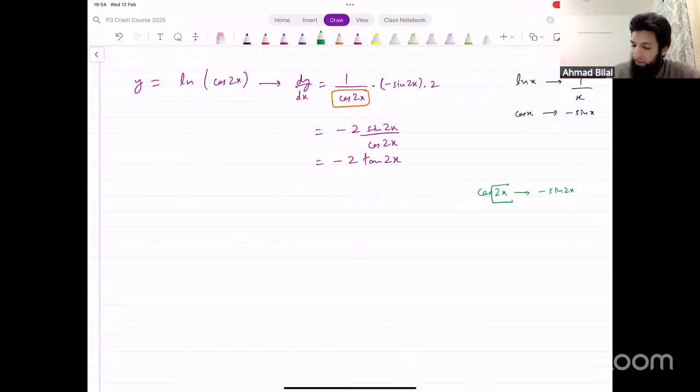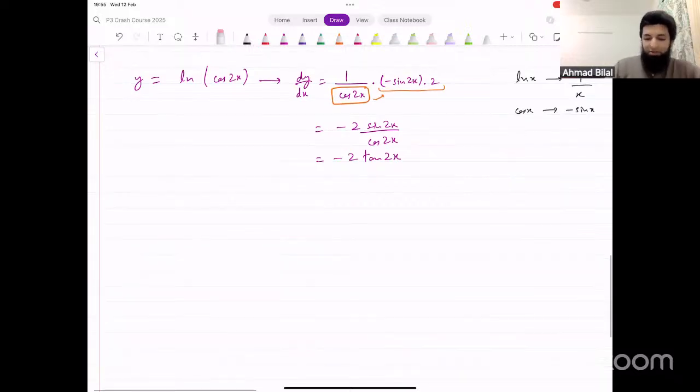If you have anything except x here, you would have to multiply by the derivative of that. What's the derivative of 2x? It's 2. So you also have to multiply by 2. So the derivative of cos 2x is actually this whole thing. This 2 is part of the derivative. Make sense? Thank you so much.